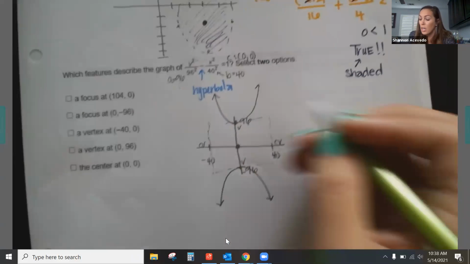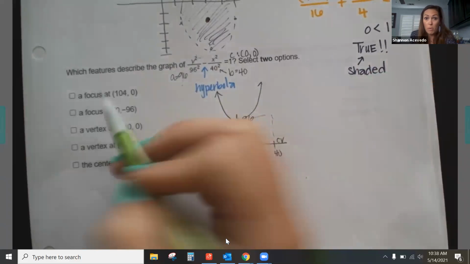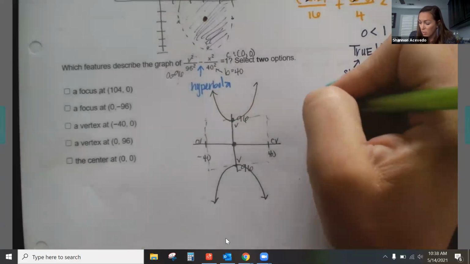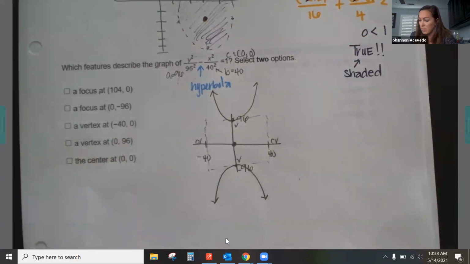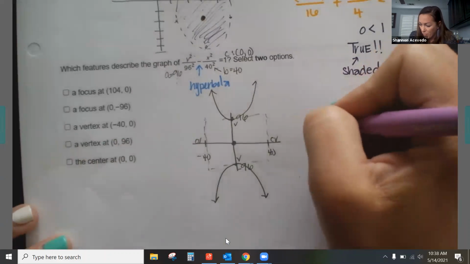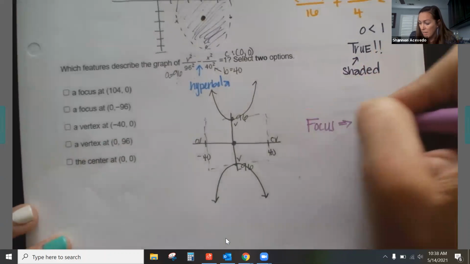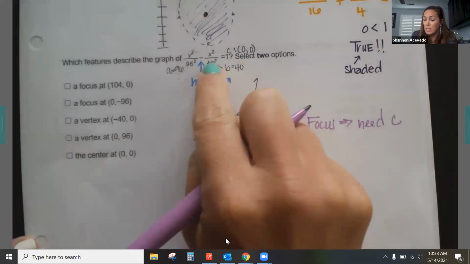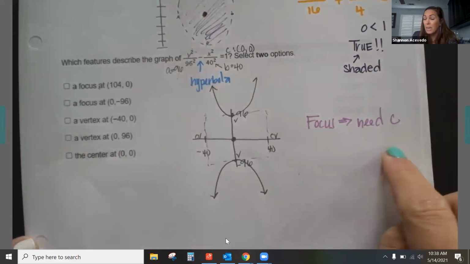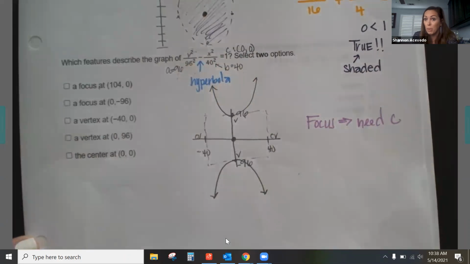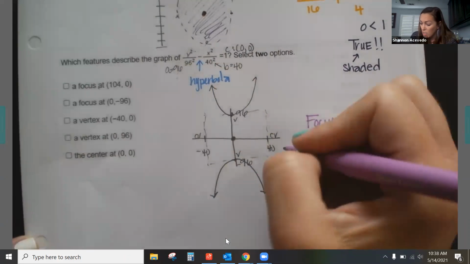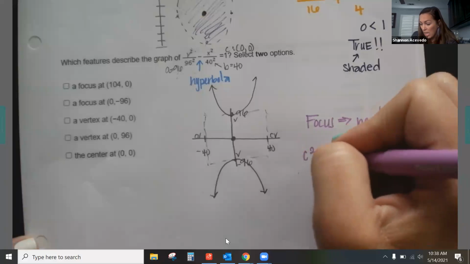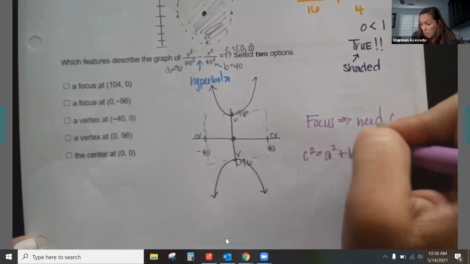So it talks about my focus, so I need to figure out what my focus is. To find my focus, we need C. Remember, if this is a minus here, then when I find my C value, I use the plus sign, I use addition. So C squared is going to equal A squared plus B squared.